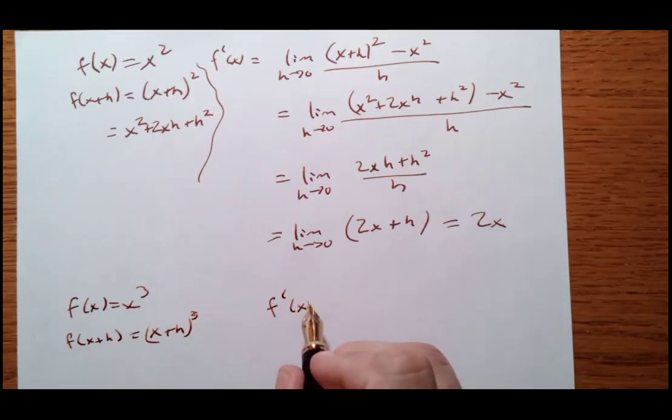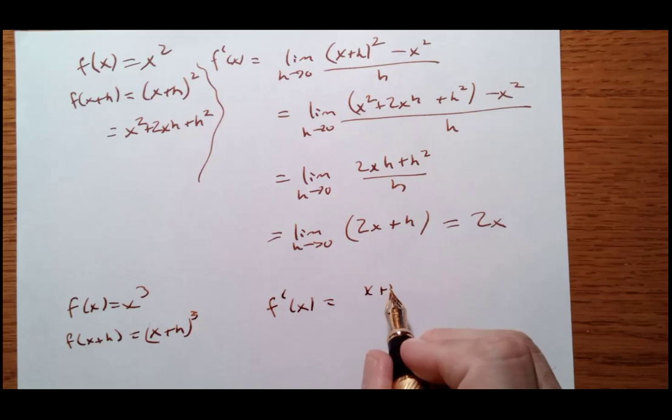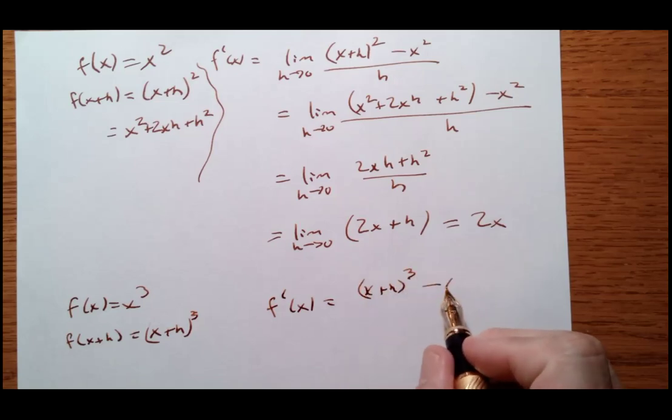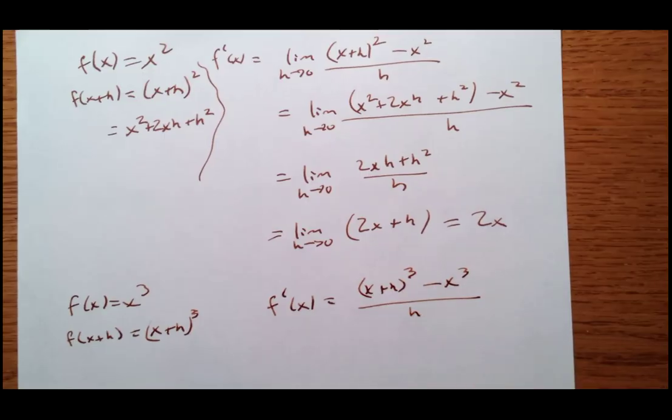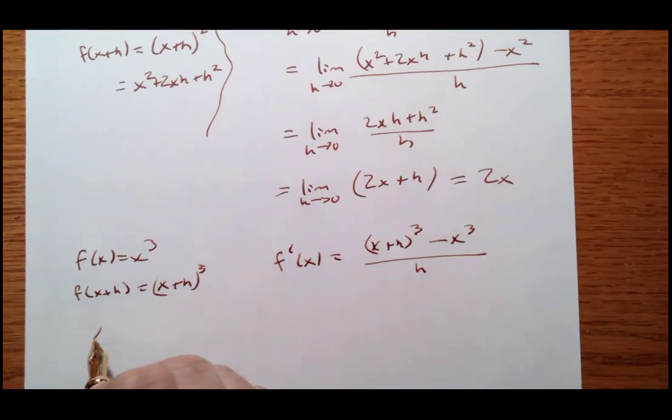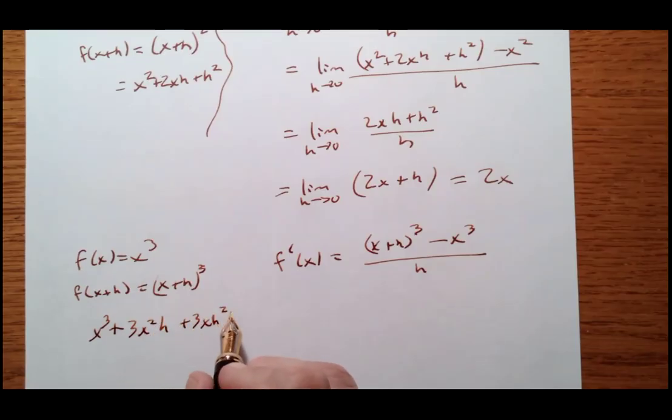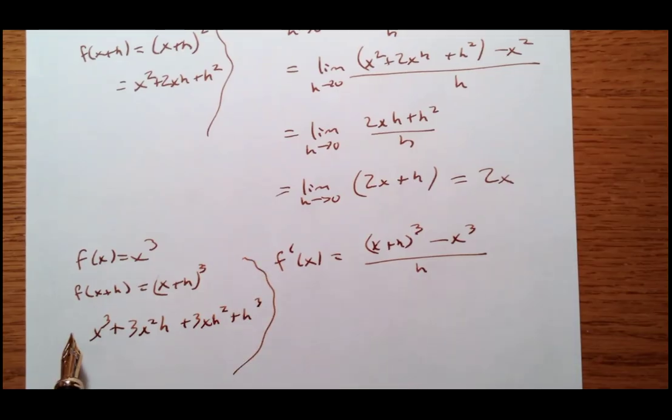So my derivative is x plus h quantity cubed minus x cubed over h. Now I have to multiply this out. I'm cheating because I've already done this. I have this already written down on my scratch paper. So I know what that is.